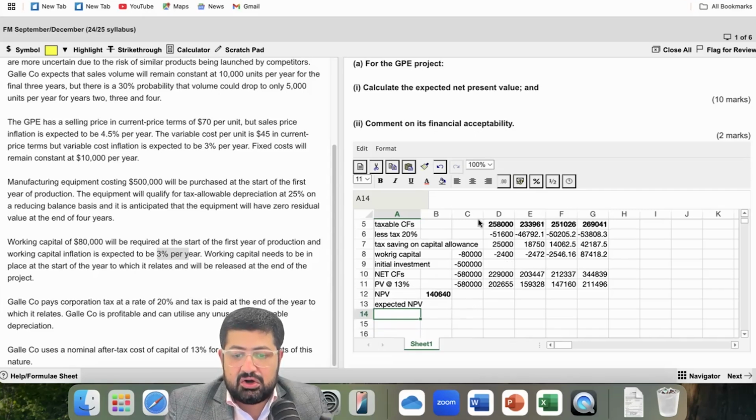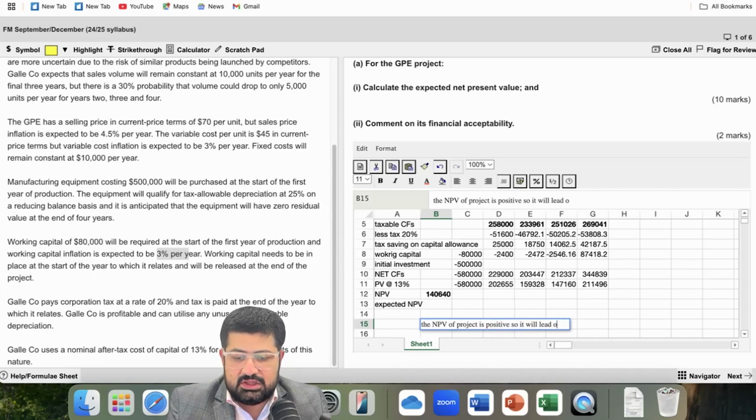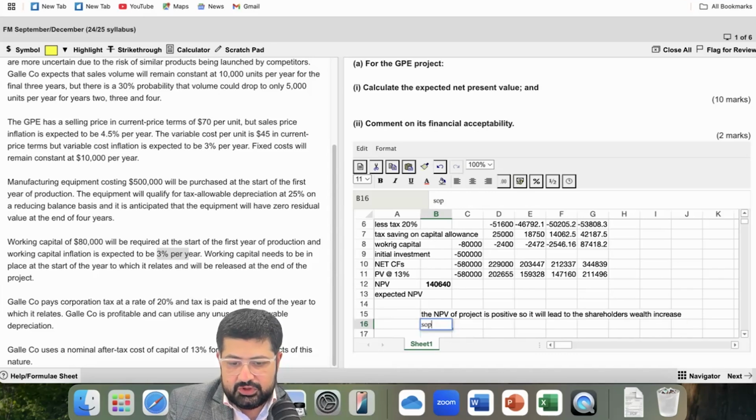So comment on the financial acceptability. The NPV of the project is positive, so it will lead to an increase in shareholders' wealth. So it should be accepted.